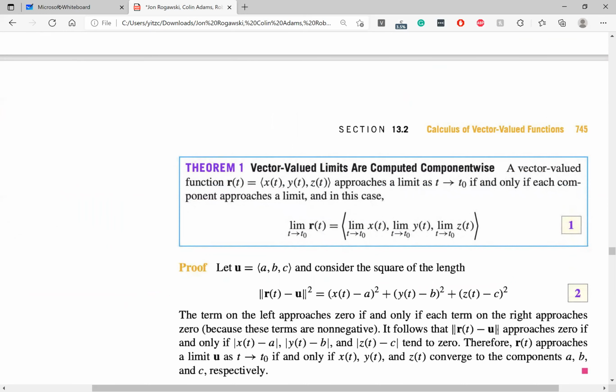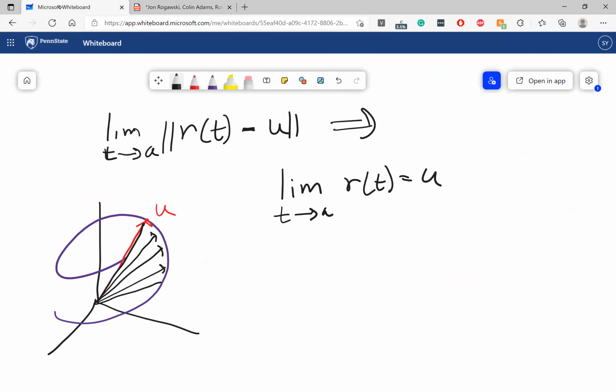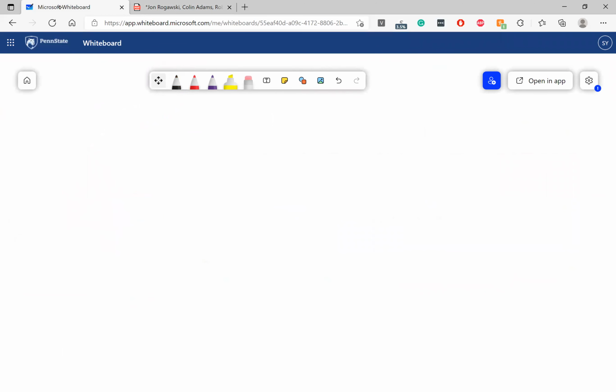An important fact about the limits of vector valued functions is that if you're asked to take the limit as t goes to t0 of R of t, that's the same as taking the limit in each component.